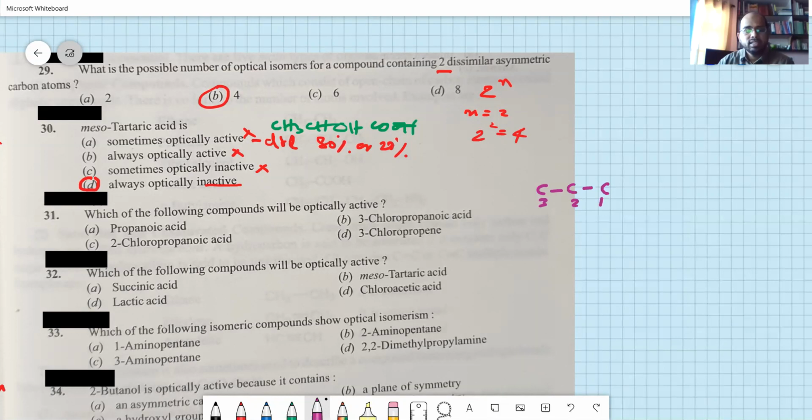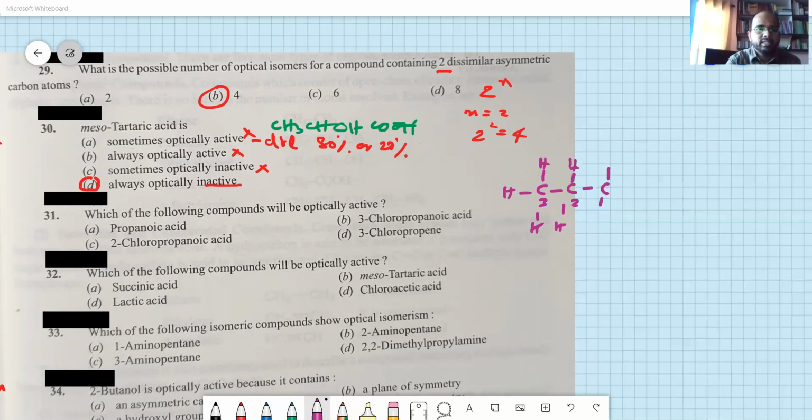Now you can see that this is not having any double bond, or any asymmetric carbon atom. It's having similar atoms. Similar atoms means, if it is connected by similar atoms, then it becomes difficult to classify that.